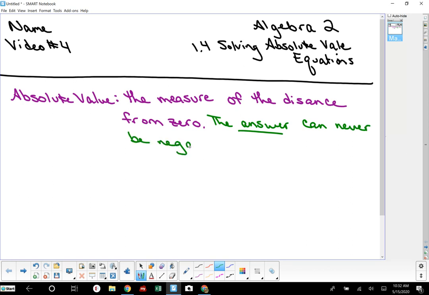Now, don't confuse that with something else in a little while when I tell you to make something negative. All right. So the absolute value answer can never be negative. The answer can, however, be either 0 or a positive number.